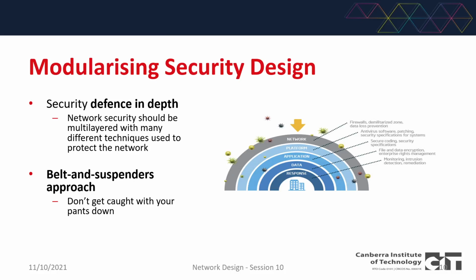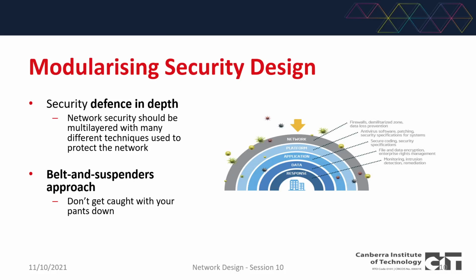Now, if we do certain things and don't do other things, we are basically relying on one layer of defense. Okay, so everything that you do to make your system more secure is a layer of defense. It's one measure that you can take to make sure your system is more secure.